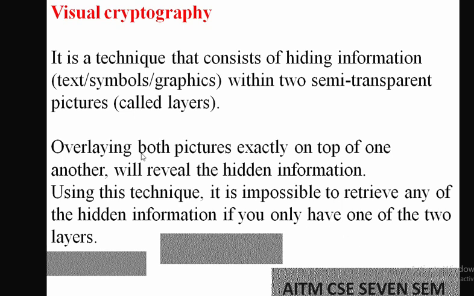Overlaying both pictures exactly on top of one another will reveal the hidden information. Using this technique, it is impossible to retrieve any of the hidden information if you only have one of the two layers.